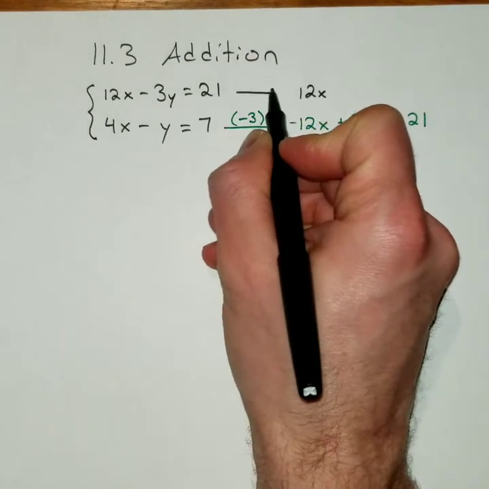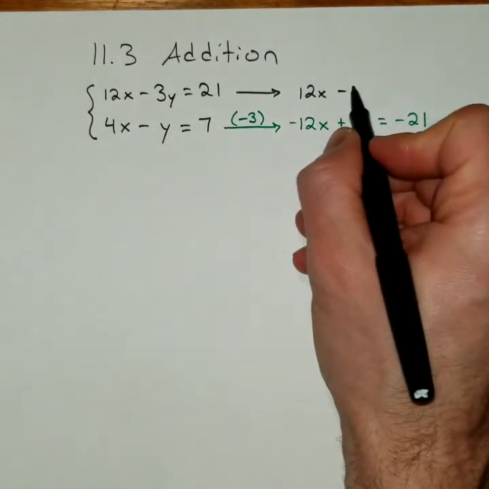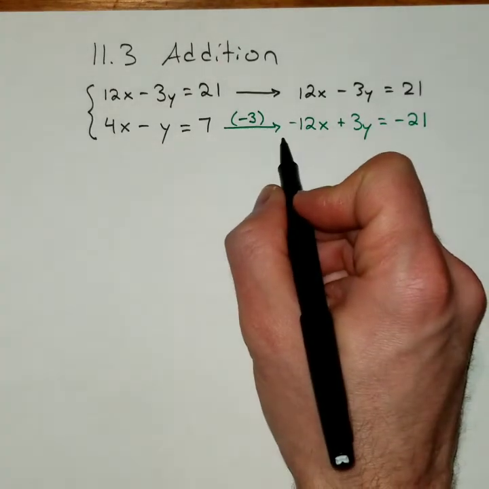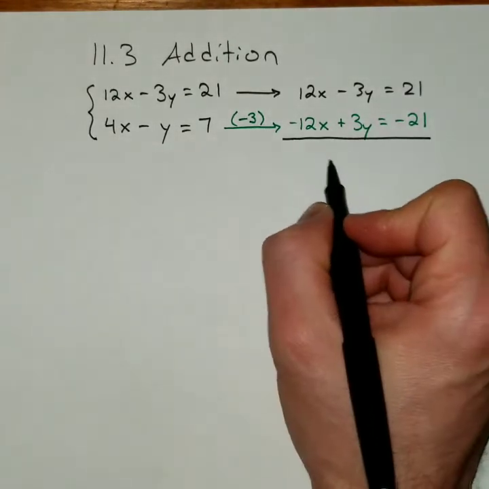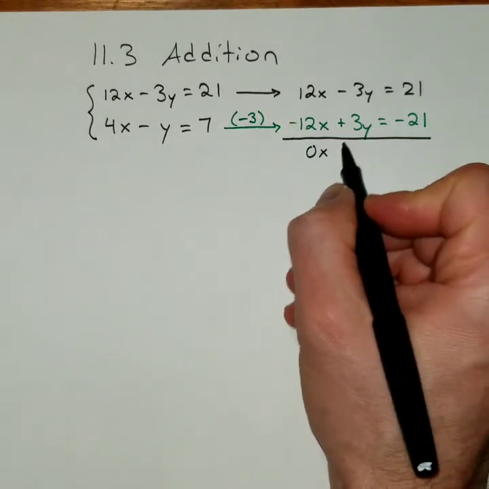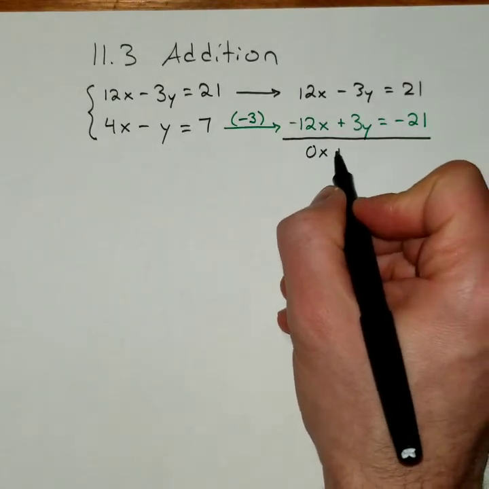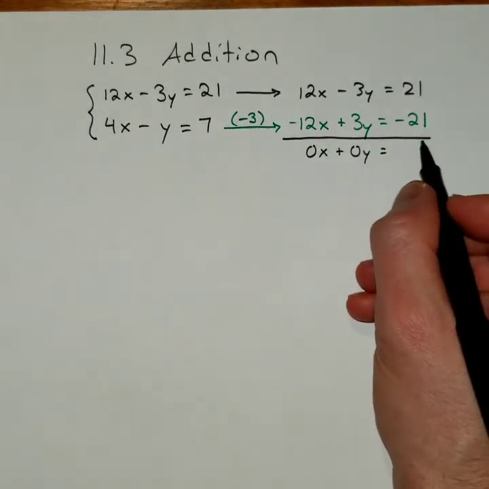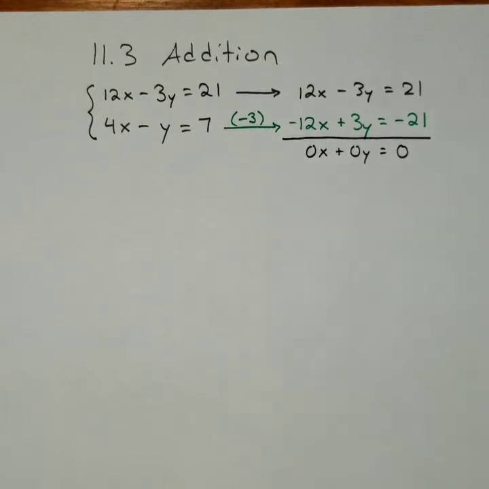I'll just bring it over. Minus 3y equals 21. And when I add these up, the x's add up to 0, the y's add up to 0, and the constants on the other side add up to 0.